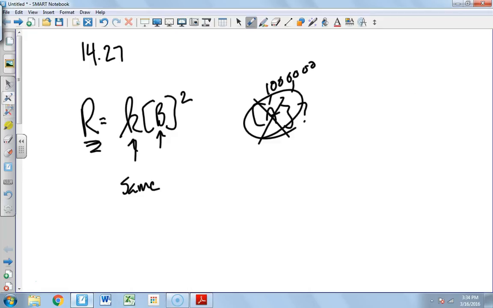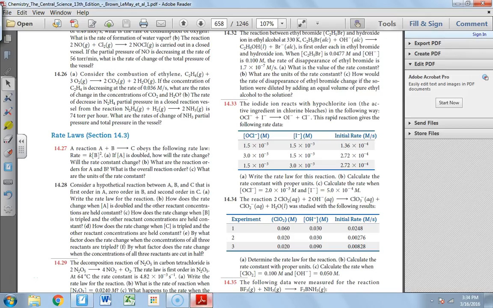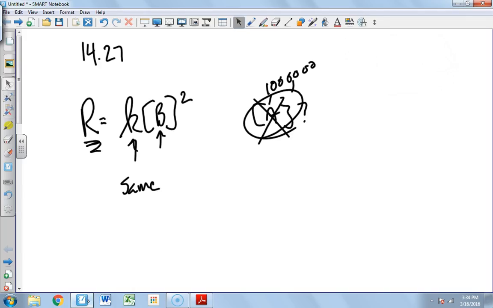Now, the second part of this says, what are the reaction orders for A and B? Every reaction has an order, and the order of the reaction is in the rate law.